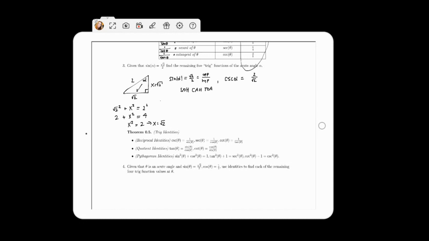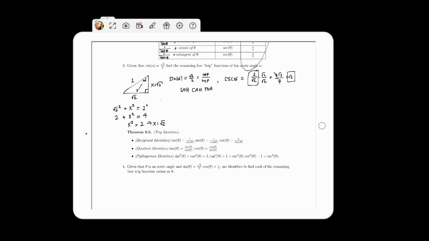Okay, so 2 over root 2 is fine with me. Some of you will want to multiply by root 2 over root 2, and then you can say it's 2 root 2 over 2 or root 2. So I don't mind if you want to keep it like this or keep it like this. That's just two different ways to write the same answer.